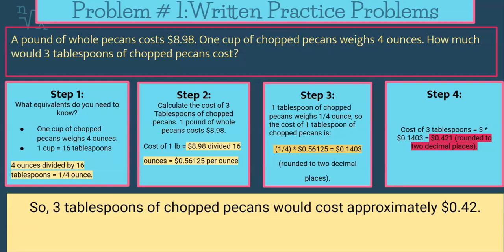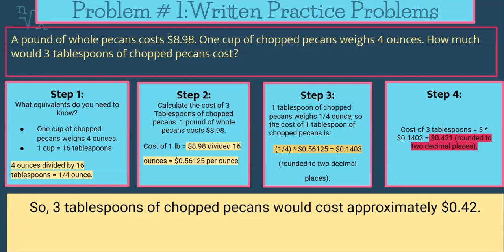So this is going to be a couple of steps to solve. The first thing you're going to do is ask yourself what equivalents you need to know. The first equivalent that we gather just from the word problem is 1 cup of chopped pecans weighs 4 ounces. We also know, because we're converting to tablespoons, that 1 cup equals 16 tablespoons.